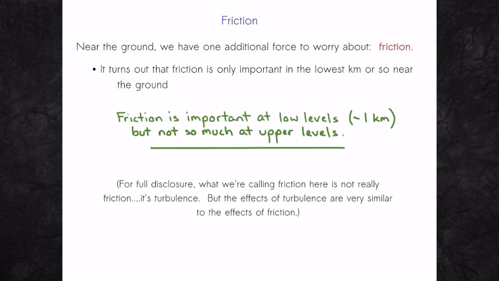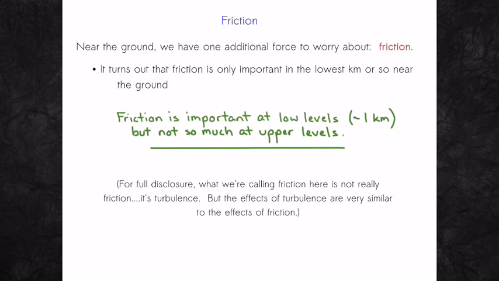But there are other things that behave like friction and have the same impact on the flow, in particular turbulence. So what we're talking about here in terms of friction at low levels is really turbulence down near the ground, and that turbulence behaves the way you would expect friction to behave.